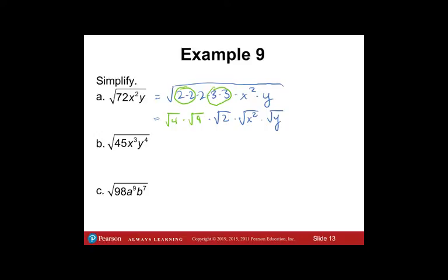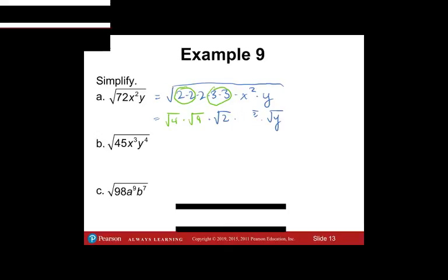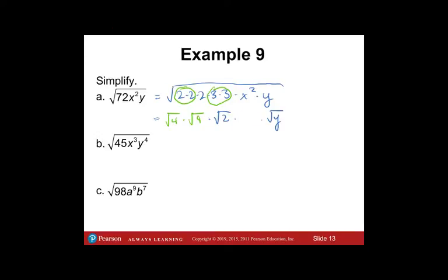I want to highlight our perfect squares in green: square root of x squared. So then this becomes 2 times 3 is 6x times the square root of 2y.